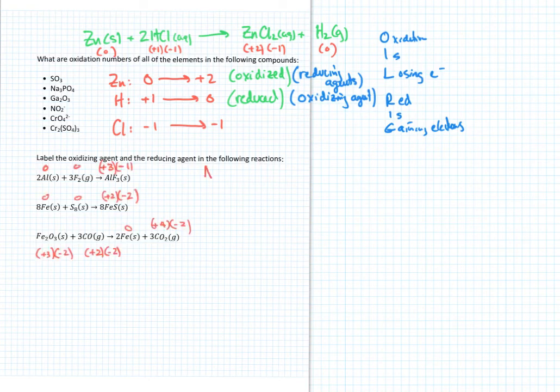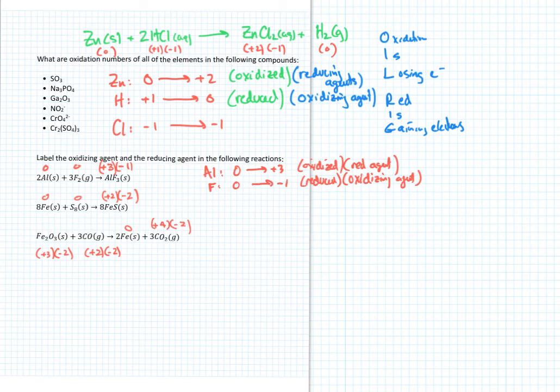So we have aluminum and fluorine in this first problem. Aluminum goes from an oxidation number of 0 to +3, and fluorine goes from an oxidation number of 0 to -1. So the one that goes down is reduced, and that would also be known as the oxidizing agent. And therefore this one must be oxidized and would of course be known as the reducing agent.